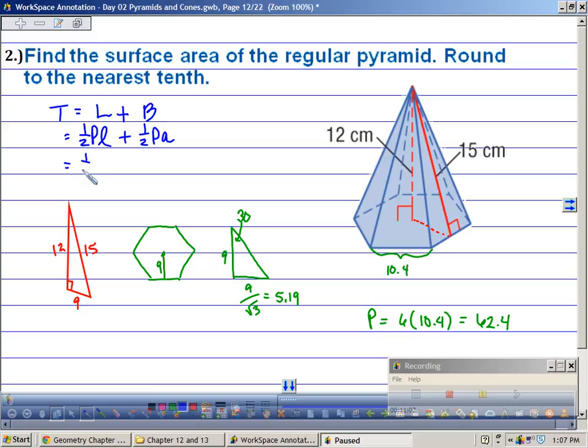So I'm just going to start plugging stuff in. 1/2 times the perimeter, which is 62.4, times the lateral height, which is 15, plus half of the perimeter, which is 62.4, times the apothem, which is 9. You put that all in a calculator and you should get 748. I think mine's a little more exact than this one is. 748.8 centimeters squared.